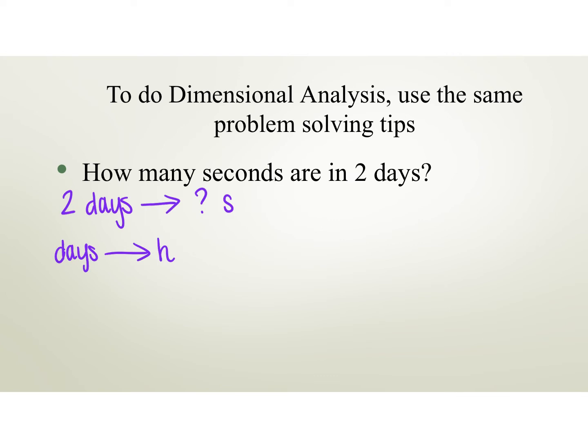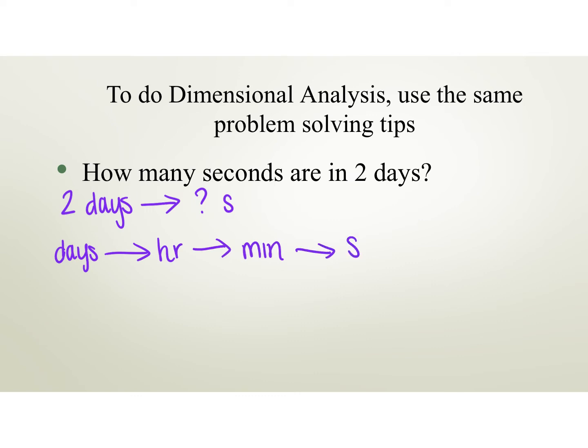So we can go from days to hours. We have to get to seconds. Do we know how many seconds are in an hour? How about minutes though? So can we go from hours to minutes? And then can we go minutes to seconds?